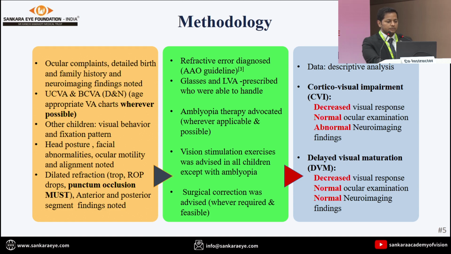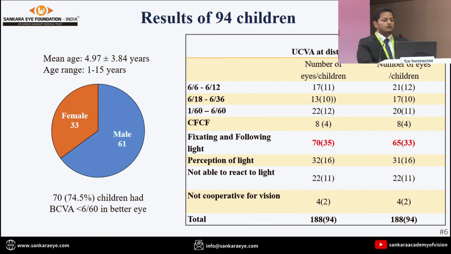Dilated refraction after putting tropicamide or ROP drop, followed by punctum occlusion, was done. Glasses, low vision trial, amblyopia therapy and surgical correction were advised wherever required and feasible. Mean age of the study group was 5 years plus minus 4. 33 children were female and 61 children were male in our study.